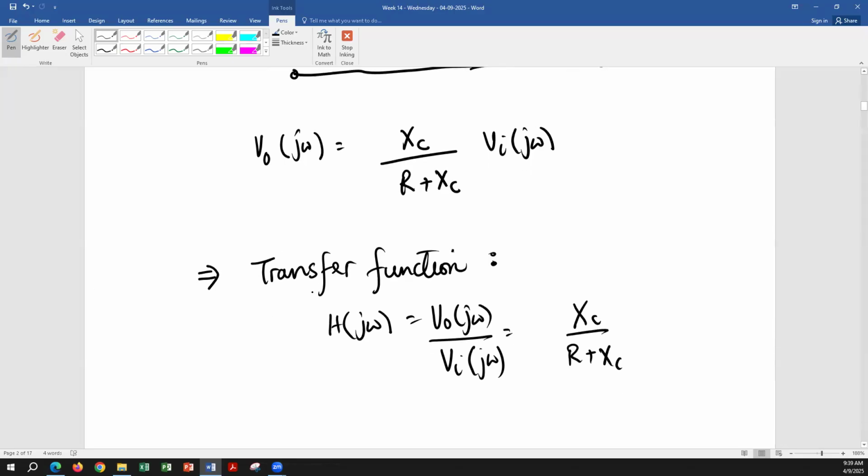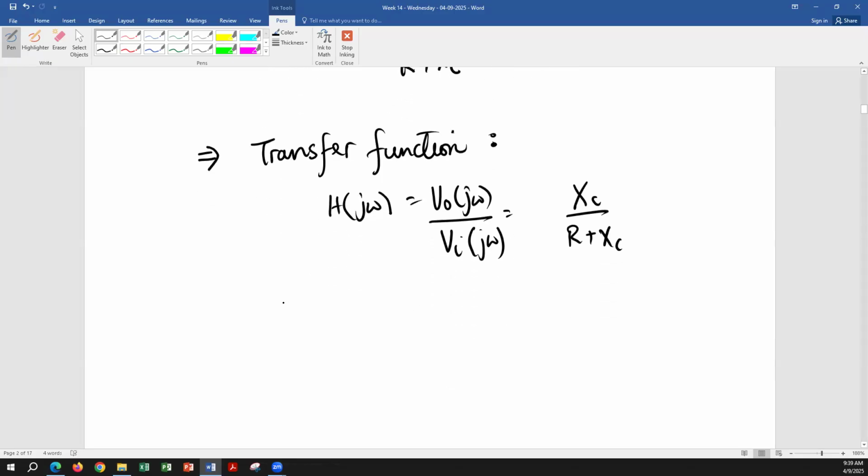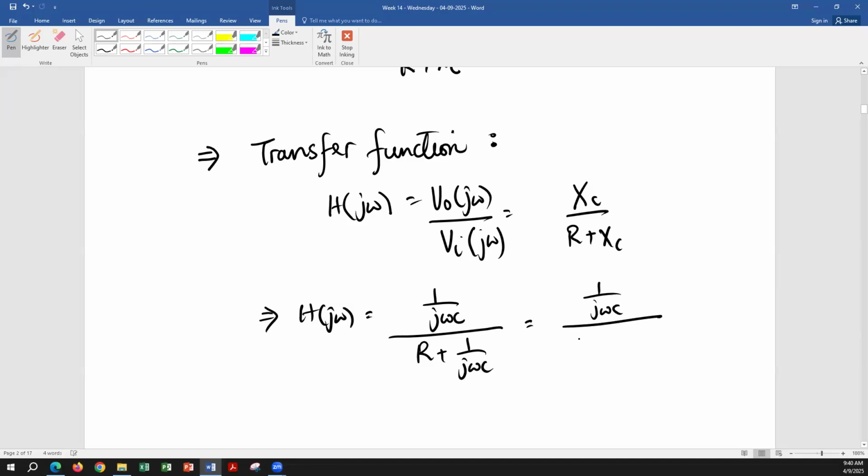Now we're going to go ahead and plug in XC equal to 1 over j omega c. And with simplification, we can write this down as 1 over j omega c over 1 plus j omega RC over j omega c. j omega c is cancelled out.